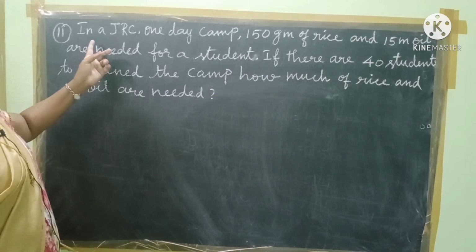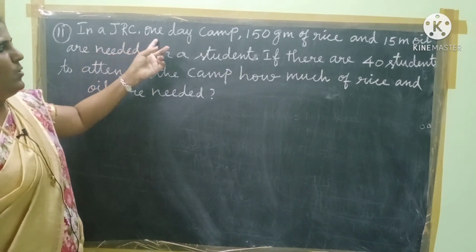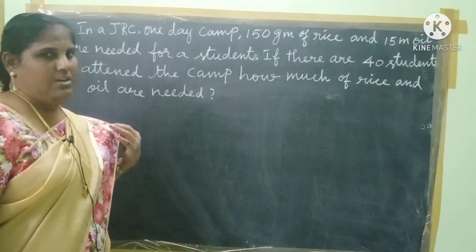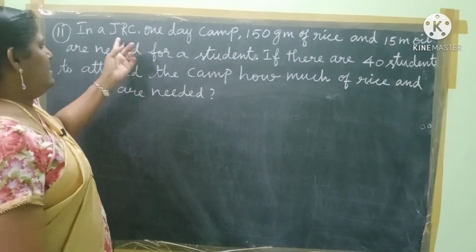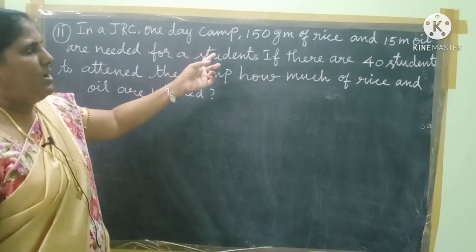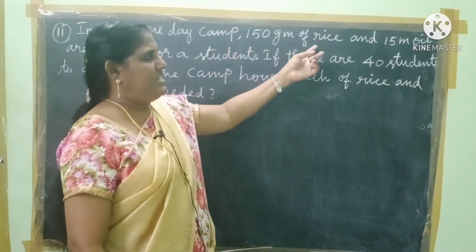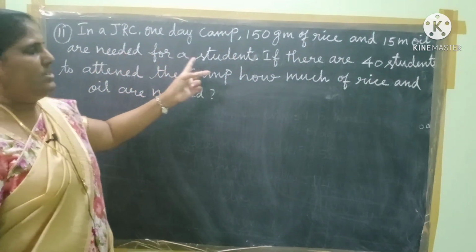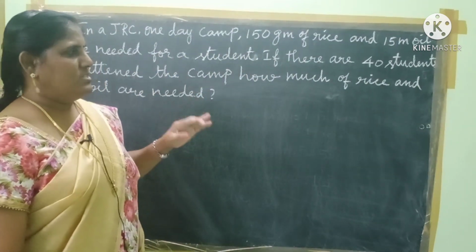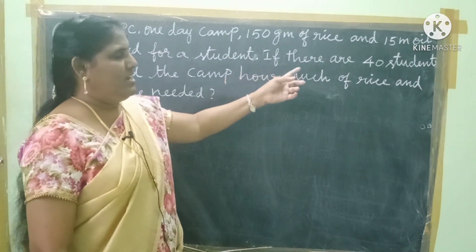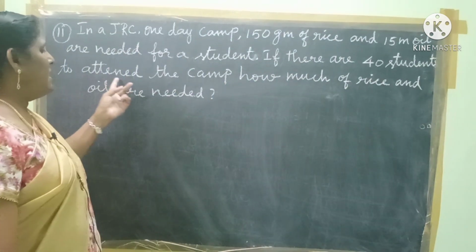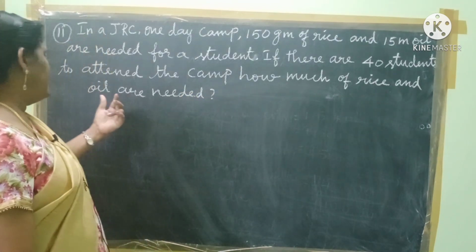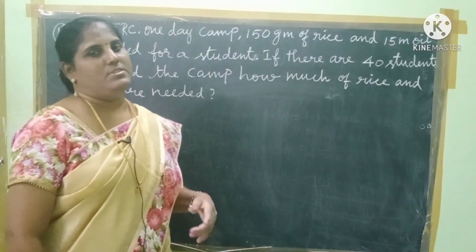The 11th one. In a JRC one-day camp. In our school also JRC groups are there, isn't it? So in a JRC one-day camp, 150 gram of rice and 15 ml oil are needed for a student. So this is given. If there are 40 students to attend the camp, how much rice and oil are needed?